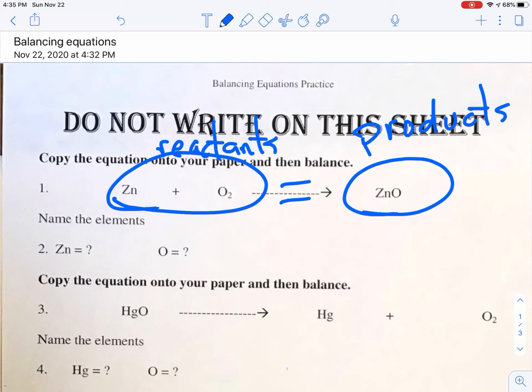This is all because the law of conservation of mass states that nothing can be created or destroyed. So what we start with, we have to end with, okay?